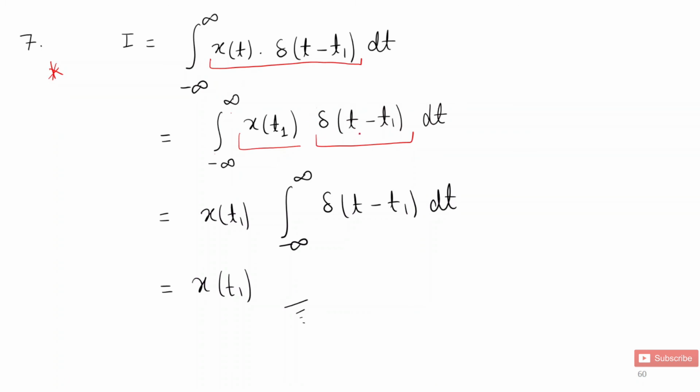This is equal to 1. Area of this impulse. आपने कुछ नहीं, इस impulse को शिफ्ट कर दिया यूनिट इम्पल्स सिग्नल को एट t1 पर, बट एरिया इज सेम because it is lying in this range. Okay, so this is 1. So I equals x(t1). Very important property.